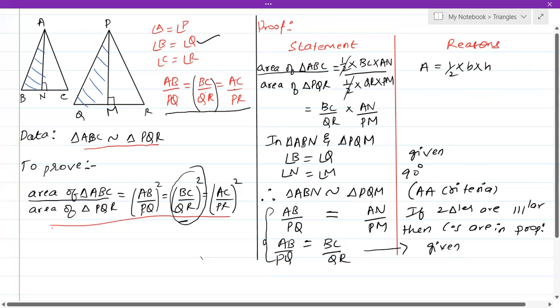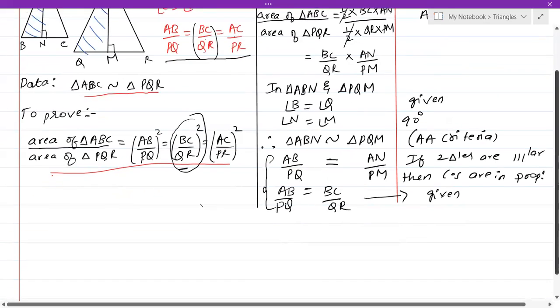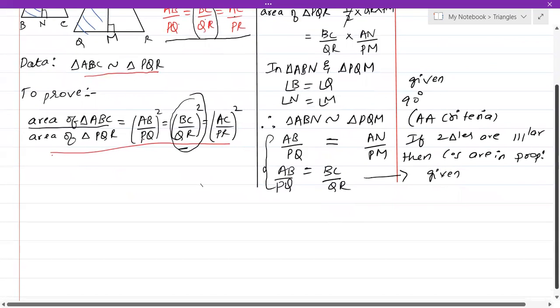Therefore, the RHSs are same, which implies AN by PM is equal to BC by QR. This will be axiom 1, isn't it? Things equal to the same thing are equal to one another.